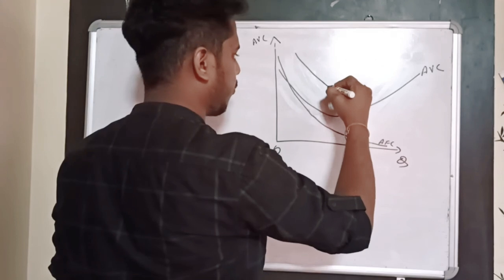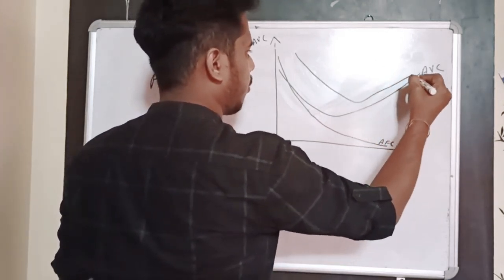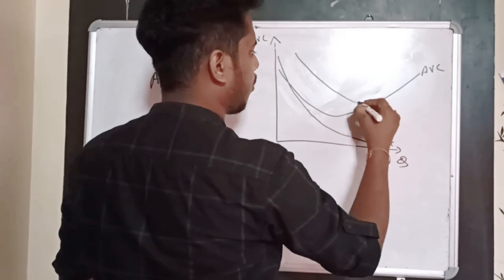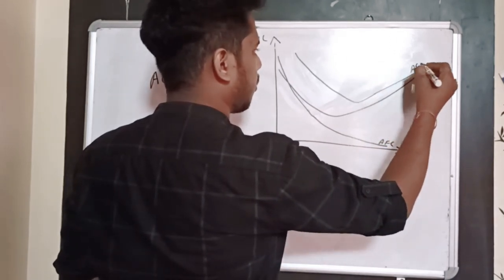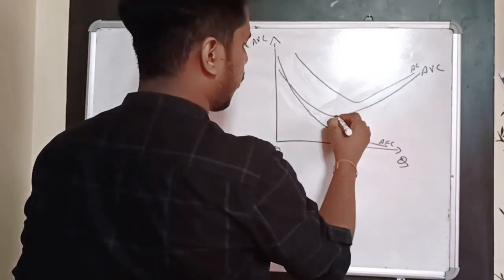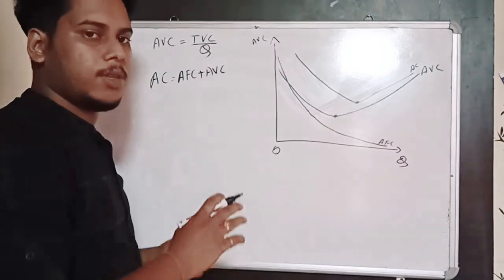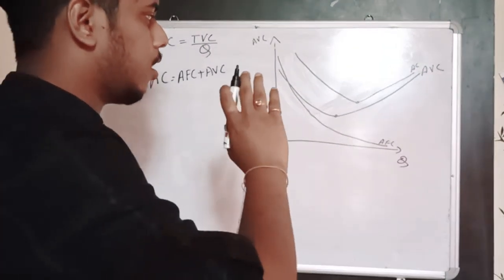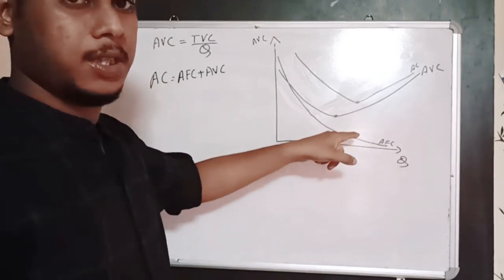Now for the AC curve, remember the minimum point of the AC curve will not correspond to the minimum point of AVC. The minimum point of AVC is over here, the minimum point of AC is over here, so the minimum point of AC will lie a bit towards the right hand side of the minimum point of AVC.